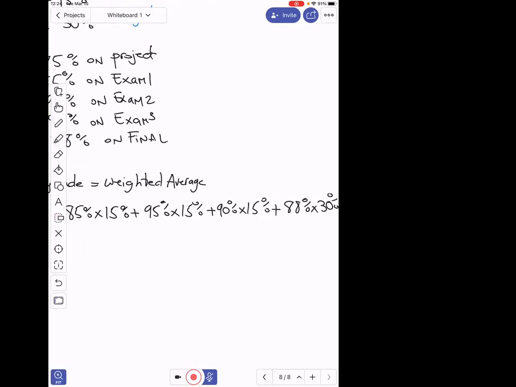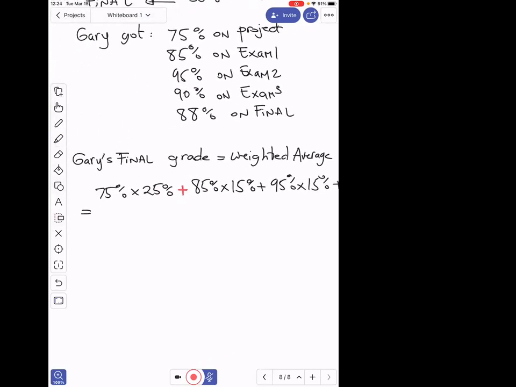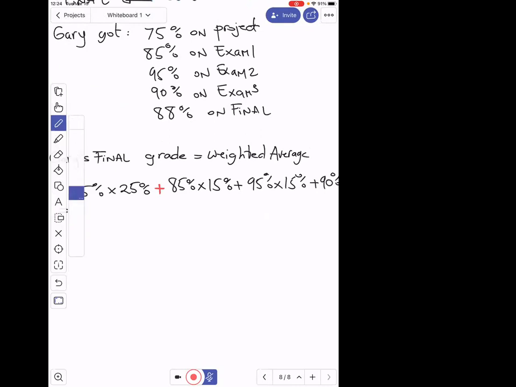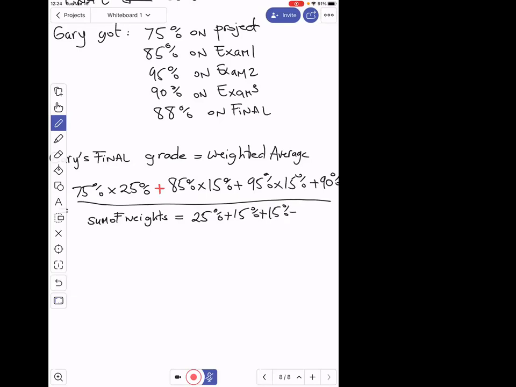But then you divide. We are supposed to divide this whole thing by the sum of the weights, not the scores, but the weights. So the weight of the project is 25% plus first exam, 15, plus another 15, another 15. And finally, there is a final, which is 30%, right?